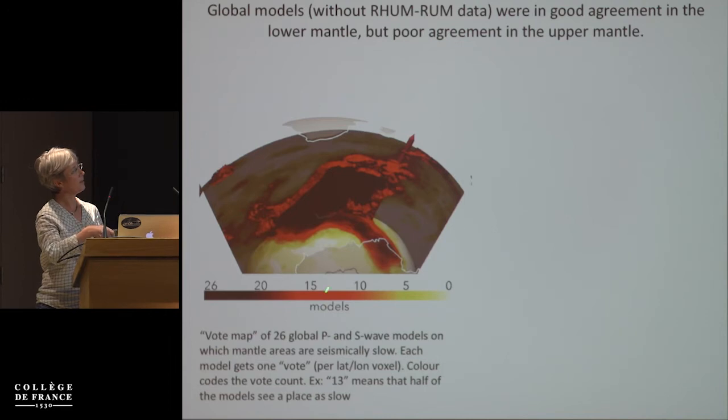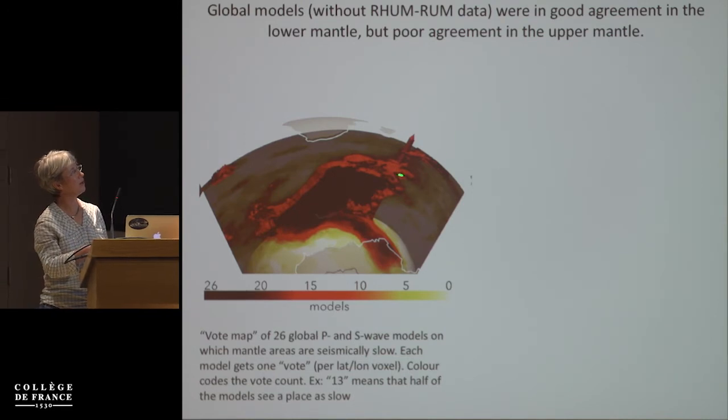If it's light red, half of them say yes, and half of them say no. And what you can see here, there's huge agreement about the LLVP with its sharp edge. That's an amazing feature. Everybody agrees. But then as you get here, it's about half and half. So the models just can't decide, and there's no structure, and that's because there's no instrumentation around this hotspot.